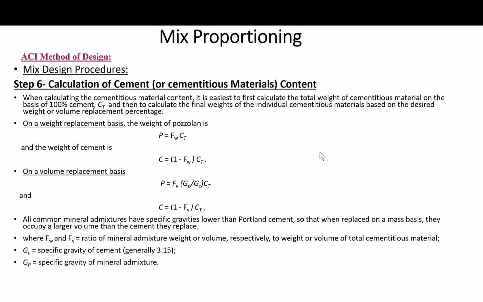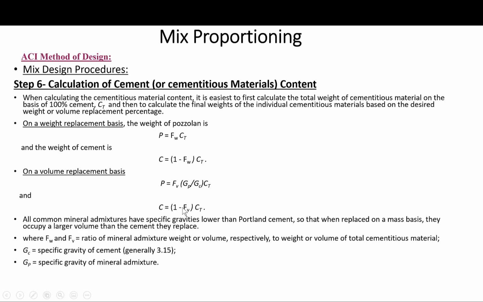On a weight replacement percentage basis, the weight of the pozzolan, which is referred to as P, equals F_W, the weight fraction, times C_T. C_T is the total cement requirement. On the volume replacement basis, P equals F_V times G_P over G_C times C_T.